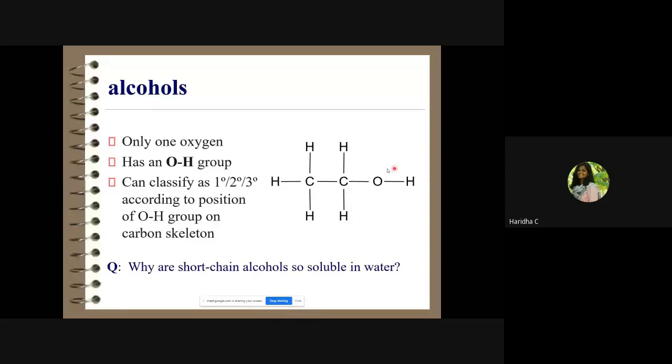Primary alcohol is the one that is attached to primary carbon, and secondary is secondary. Okay, it's a very general answer. I don't understand. Yeah, what you said is right, but I need a little more clear answer.